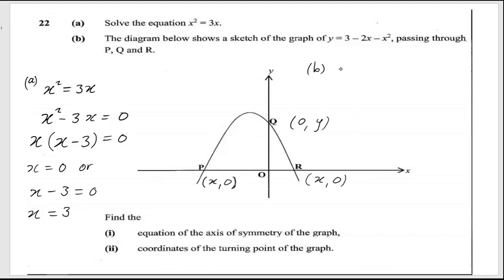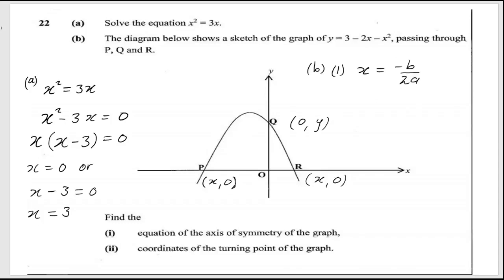So to find the axis of symmetry, one, we use the formula. The axis of symmetry is given by x is equal to negative b over 2a, where b and a are coefficients of the terms of this quadratic equation.